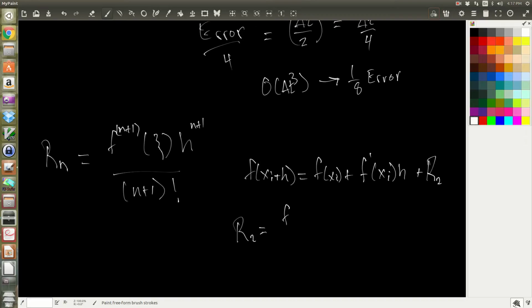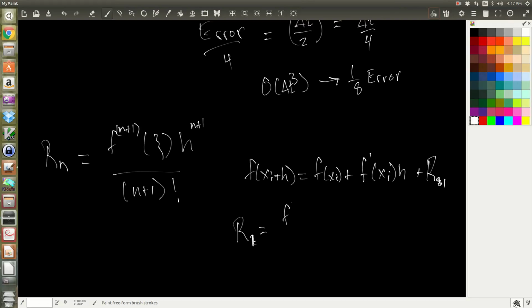Actually, this is how many terms? Yeah, we've included two terms, so actually I think this should be R1. Yeah, because we did first order, right? So this is 0th order, first order.